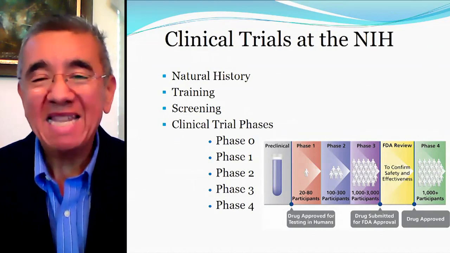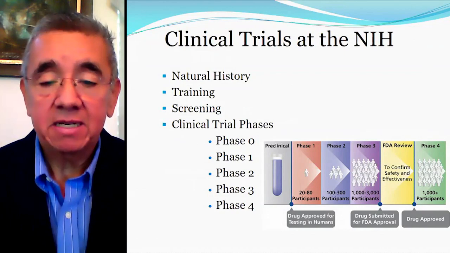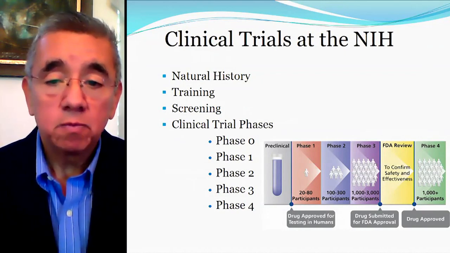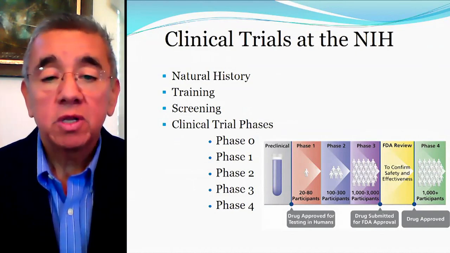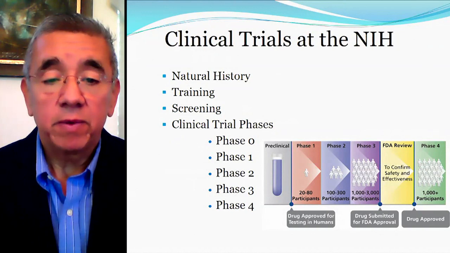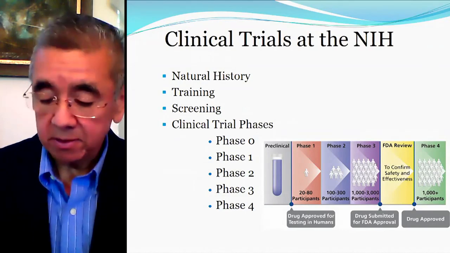However, we need more as the phase increases. We need more people to participate in these studies. Many of the phases have their own obstacles, and we are going to be talking about the obstacles that we have in the different phases of these clinical trials.